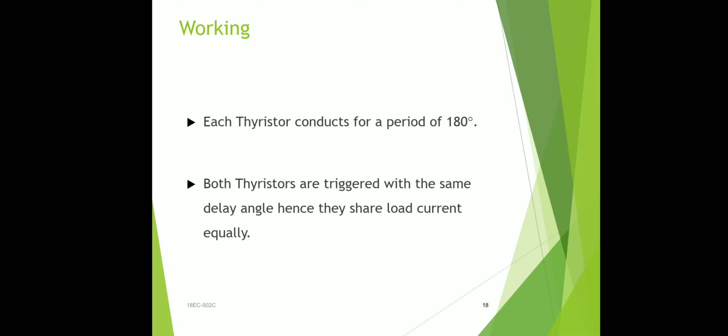Hence, the load current is shared equally between the two thyristors. So here VDC equals 2 Vm cos alpha by pi.